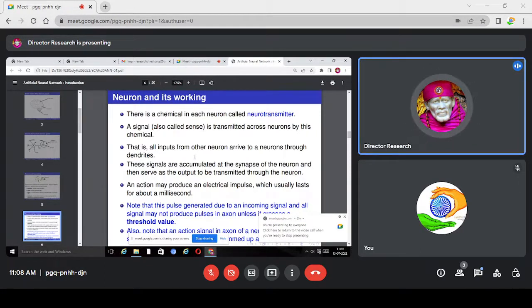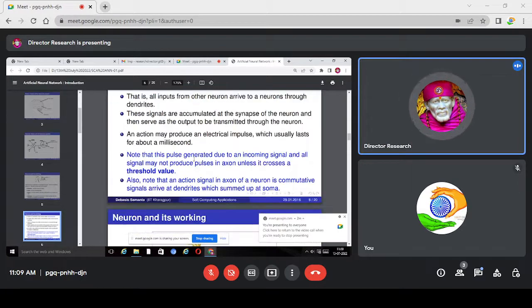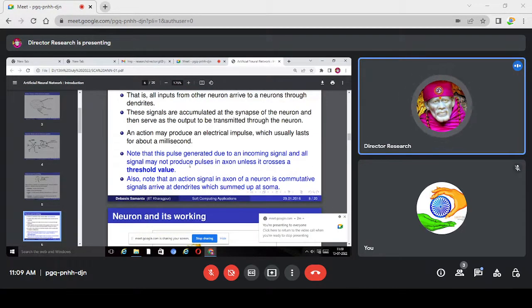So these signals are accumulated at the synapse of the neuron and then serve as the output to be transmitted through the neuron. An action may produce an electrical impulse which usually lasts for about milliseconds. Note that this pulse is generated due to an incoming signal, and not every signal may produce a pulse unless it crosses a threshold value.